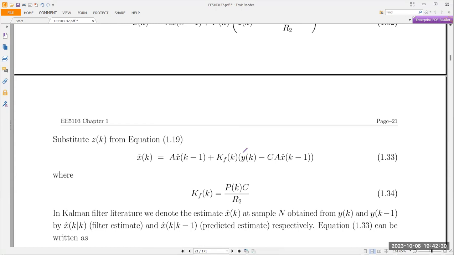So now you can see that the solution for xk is written in terms of the solution from xk minus 1.